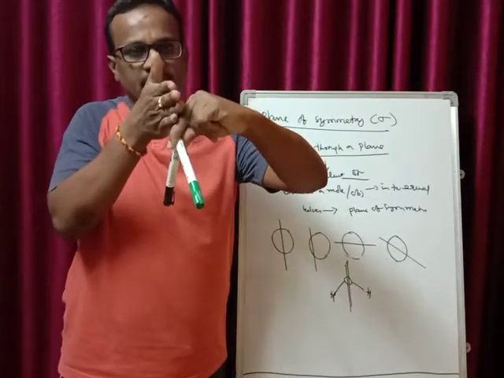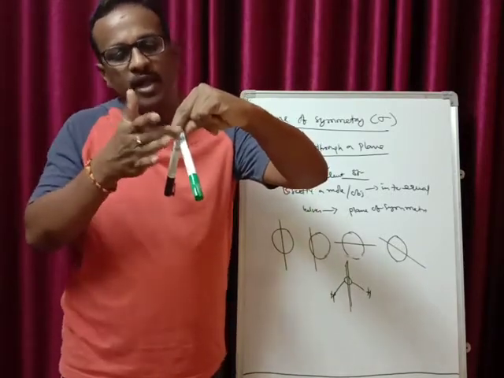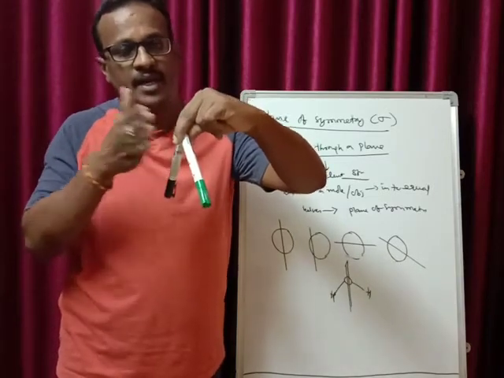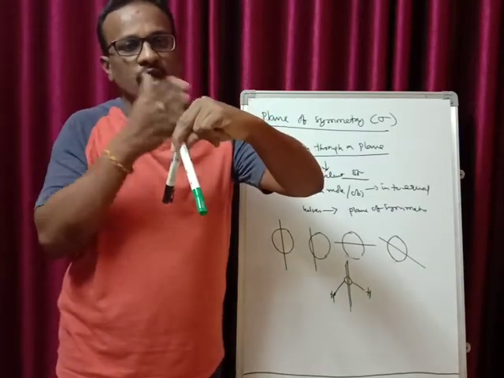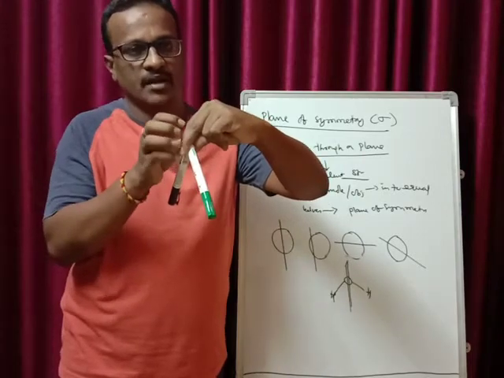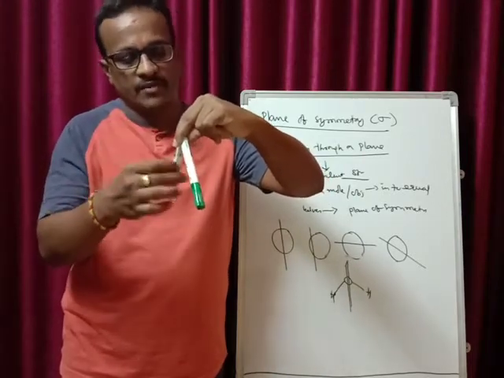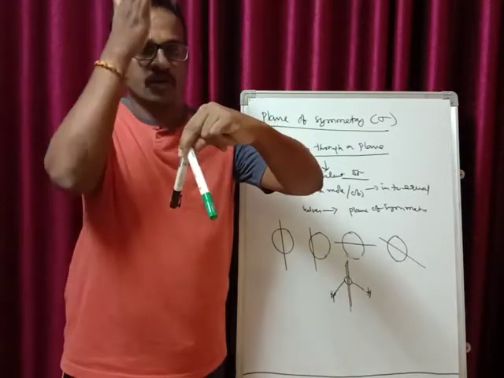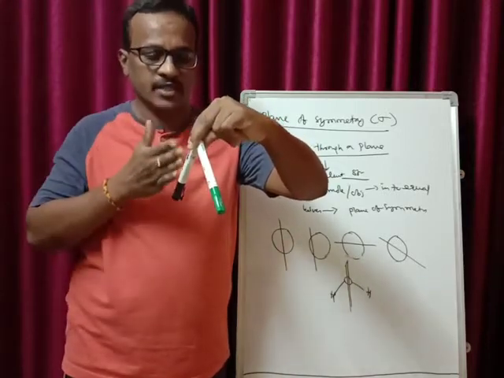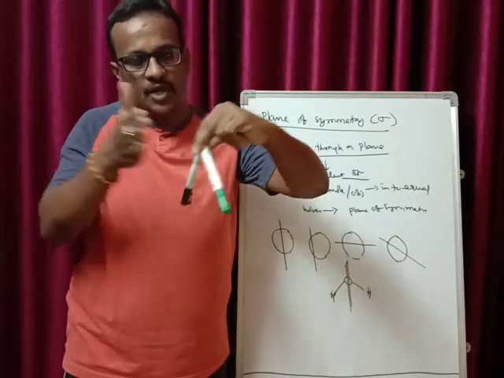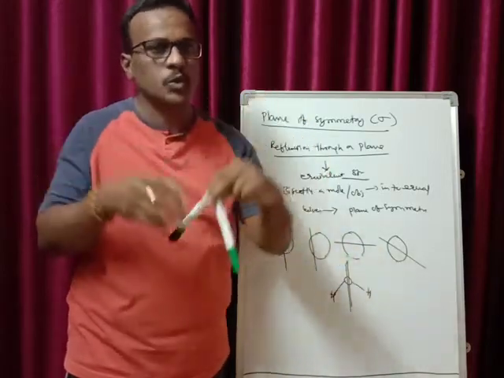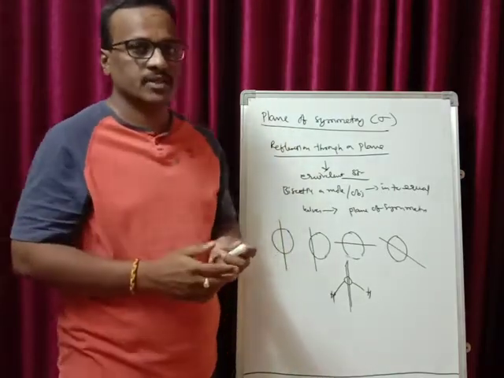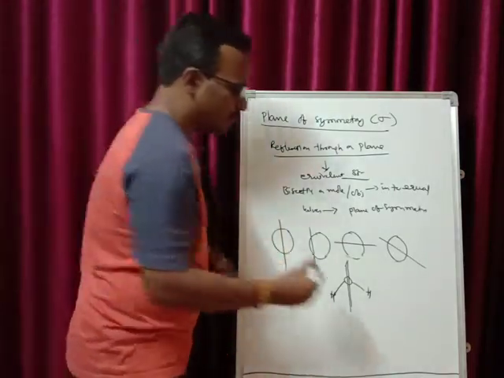So the plane is passing in such a way that it is touching all the atoms, bisecting oxygen, hydrogen and the other hydrogen into two equal halves. Now such a plane which is passing through all the atoms is called the molecular plane.